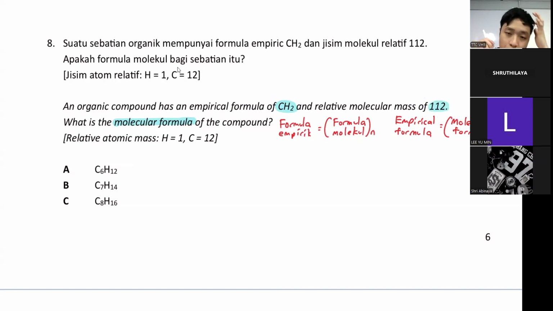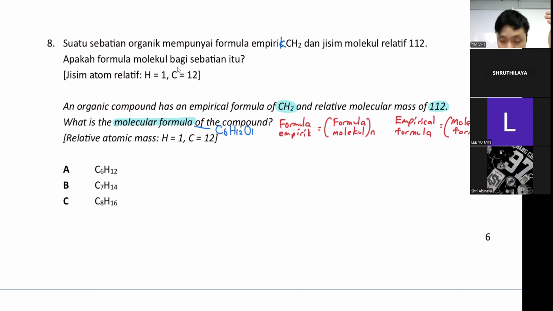You know what's the difference between empirical formula and molecular formula? Example, do you know glucose? Glucose, the molecular formula, the actual number of atoms, is C6H12O6. I told you, right?